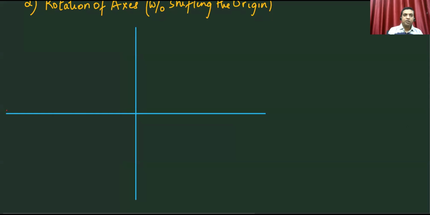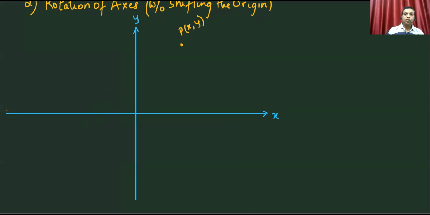Okay, so this is your old coordinate axis. Now P is some point here. With respect to the old axis, its coordinate is small x comma small y. This is the origin.